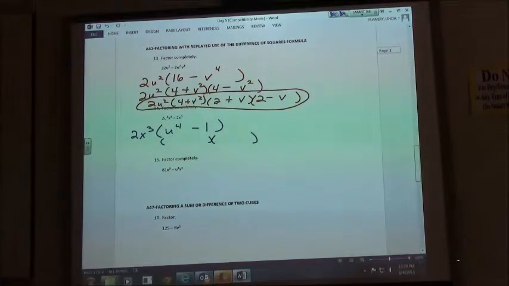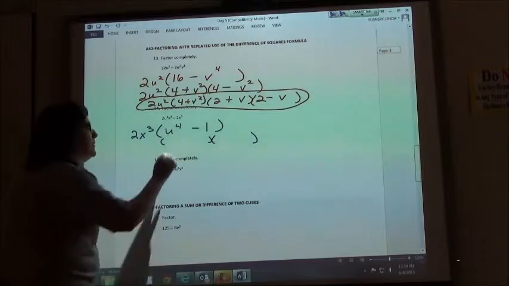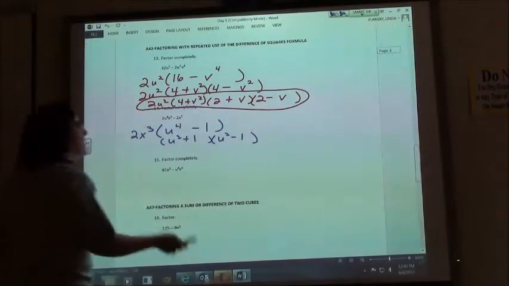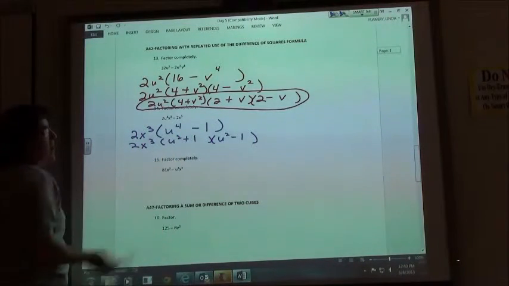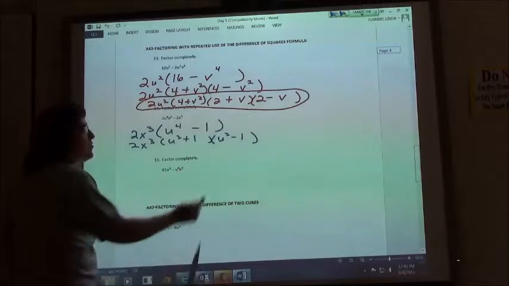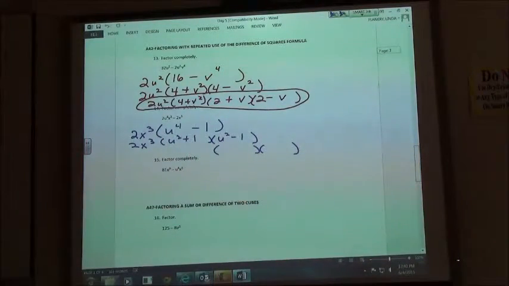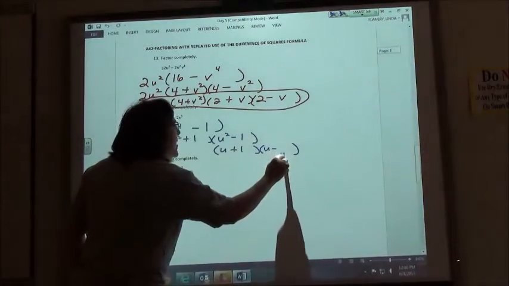U to the 4th minus 1 factors into u squared plus 1 and u squared minus 1. Again, we can't factor the sum of squares, but we would factor that difference of squares. So u squared minus 1 factors into u plus 1 and u minus 1.